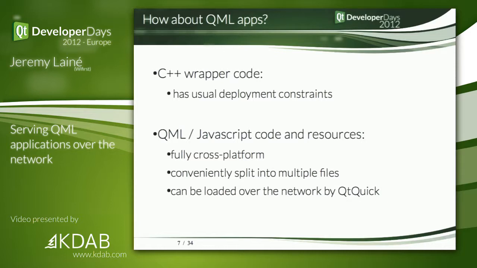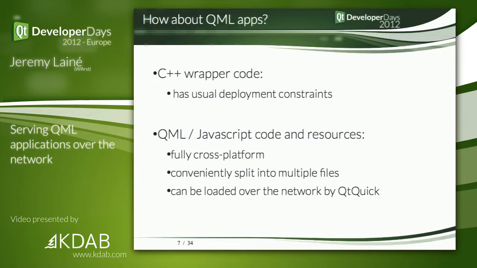But on the other hand, a lot of your code is QML and JavaScript and the associated resources, such as images or other kinds of data. This code is totally cross-platform and interpreted, which is one advantage. It's conveniently split into multiple files, so if only part of the application changes, this is probably isolated in a subset of all your files.